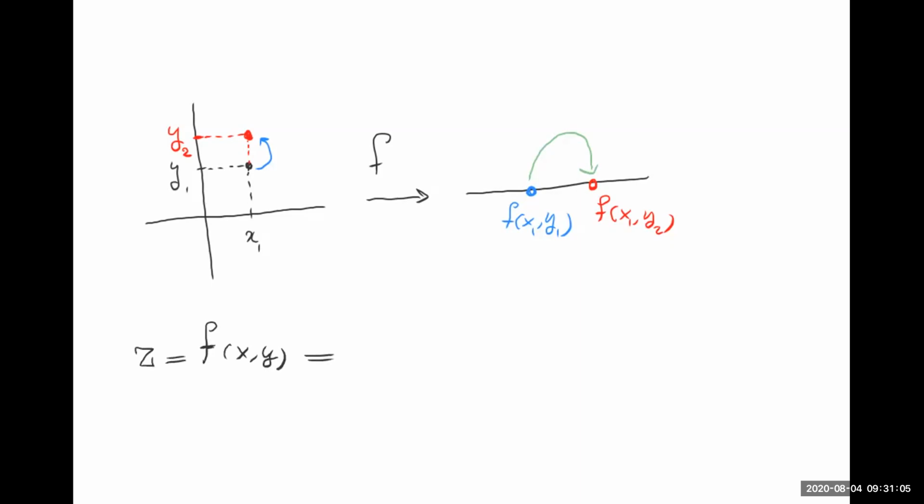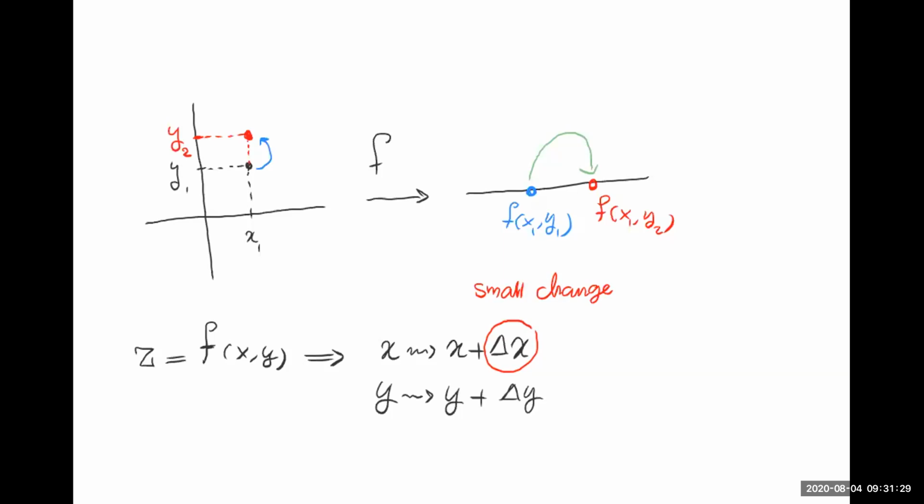And if we change x to a nearby point, x plus delta x, where delta x is a small change, or if we replace y with y plus delta y, where delta y is again a small change, how much does it affect the value of f?